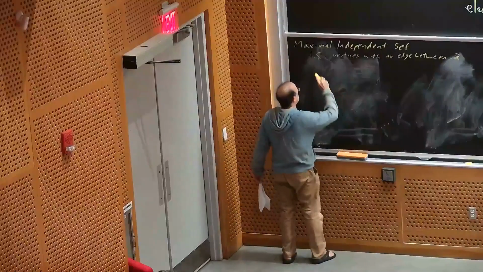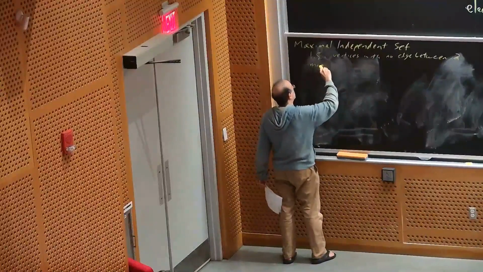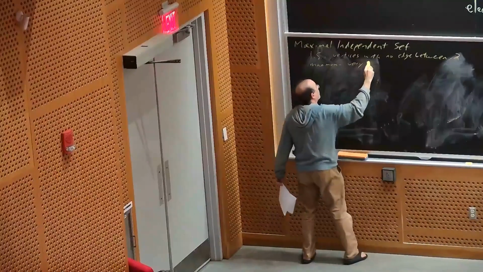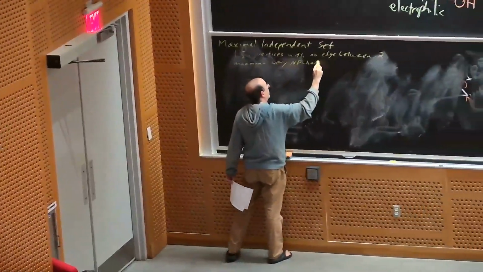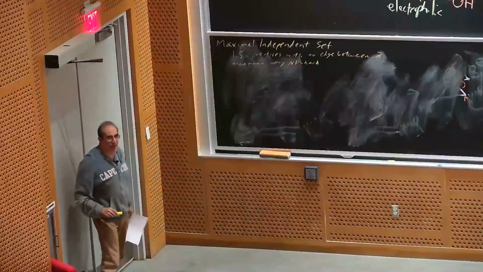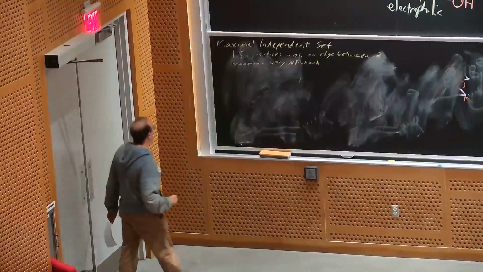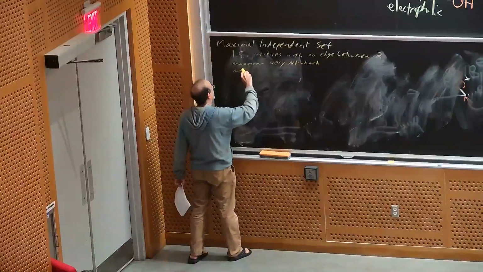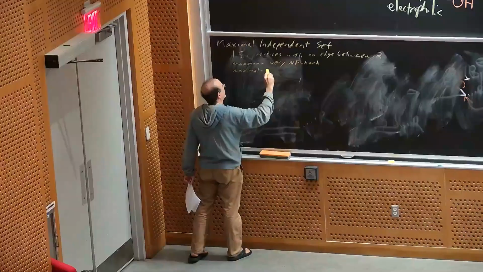Maximum is very NP hard. I will not formalize that, but you can take a complexity theory class and learn about why it's really hard. But maximal is easy.